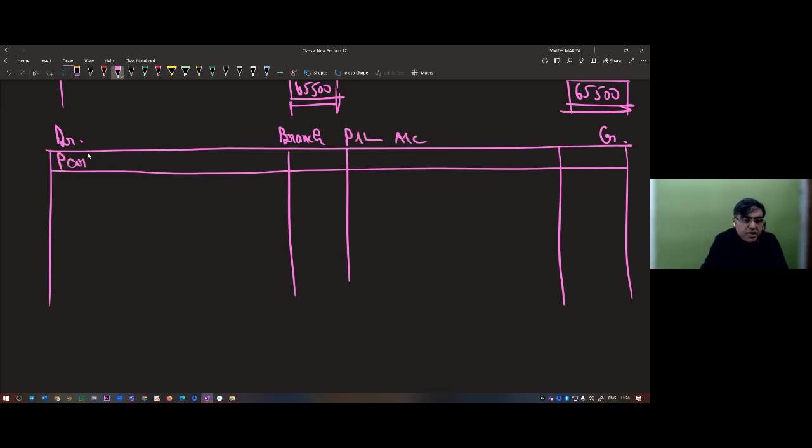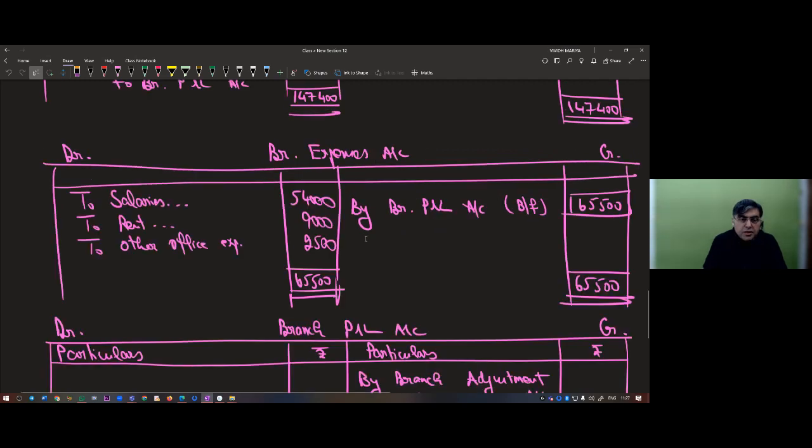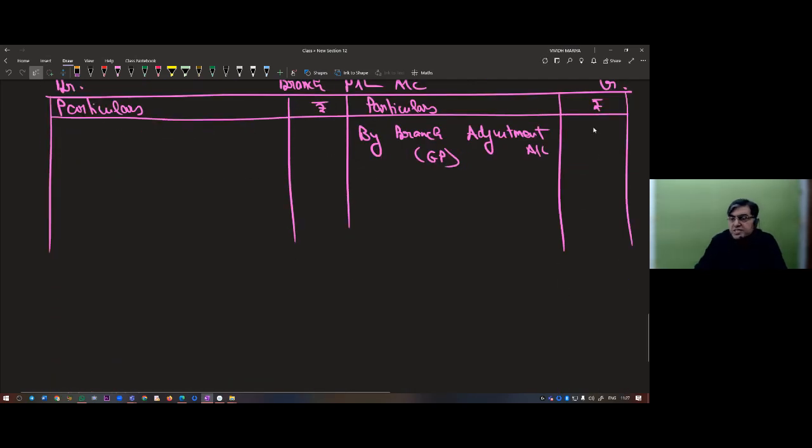Branch profit and loss account. Branch adjustment 1,03,650.